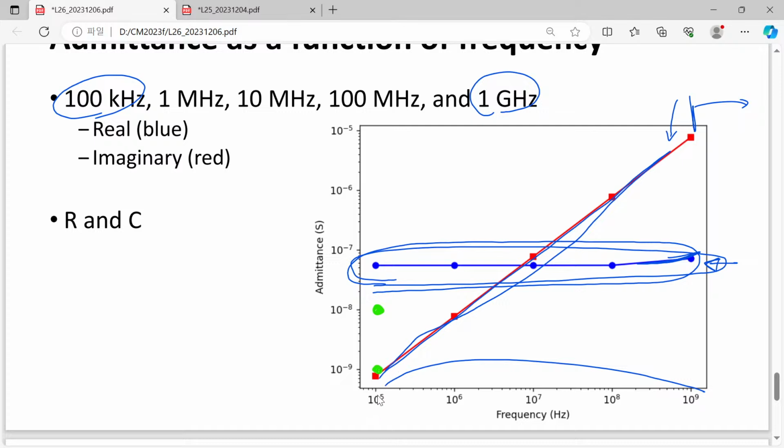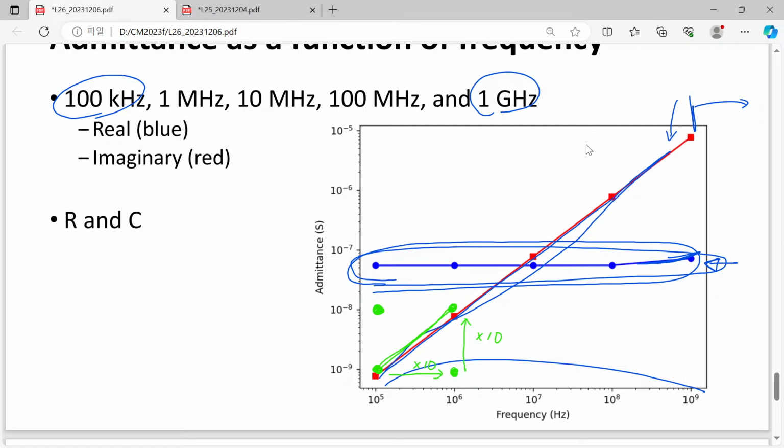And here we have 10 to the 5, 10 to the 6, 10 to the 7, and this line, what is it? If your input is increased by a factor of 10, your output is also increased by a factor of 10. This graph shows the linear dependence between your current and your frequency.